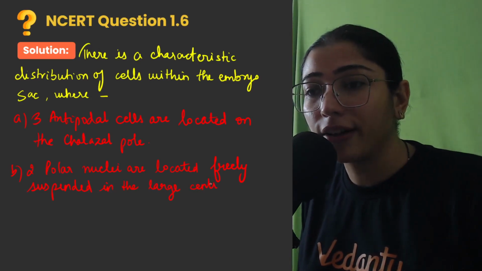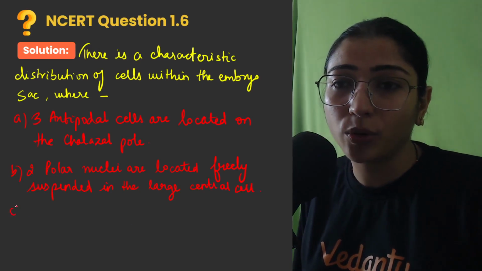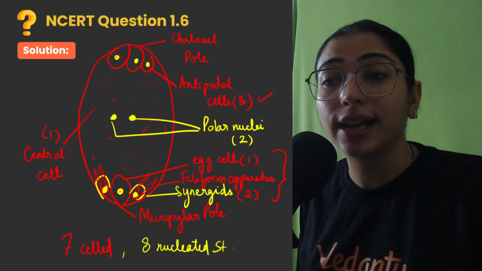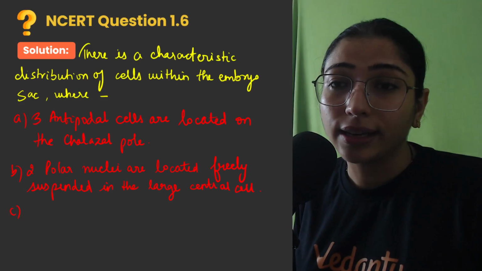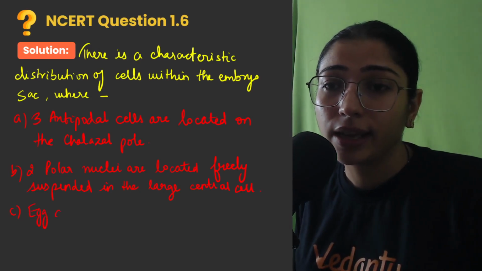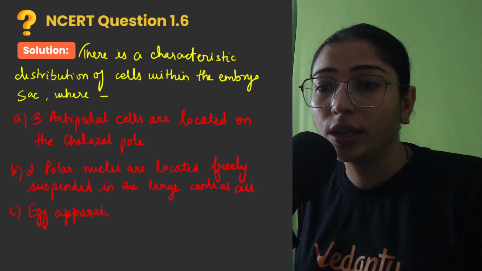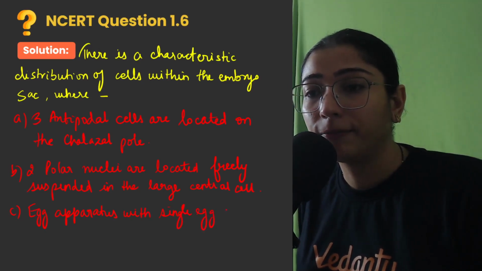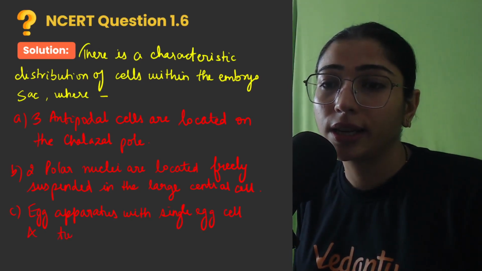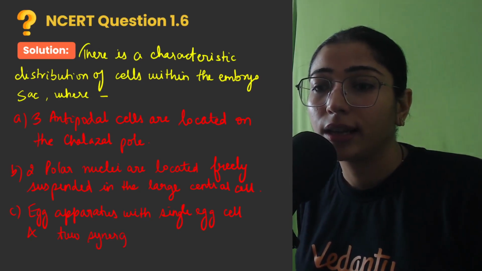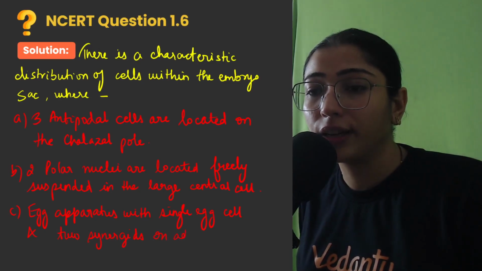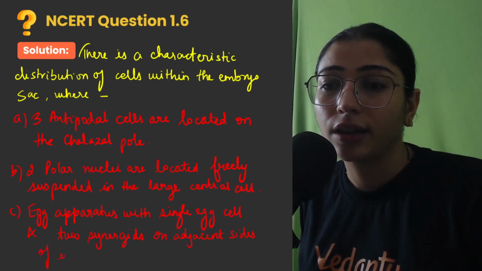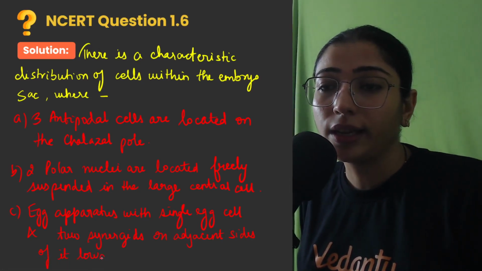and at last we have the micropylar pole where there is an egg apparatus located. So you can call this egg cell and synergids together as egg apparatus, right? Clear? So there is egg apparatus with single egg cell and two synergids on adjacent sides of it towards the micropylar pole.